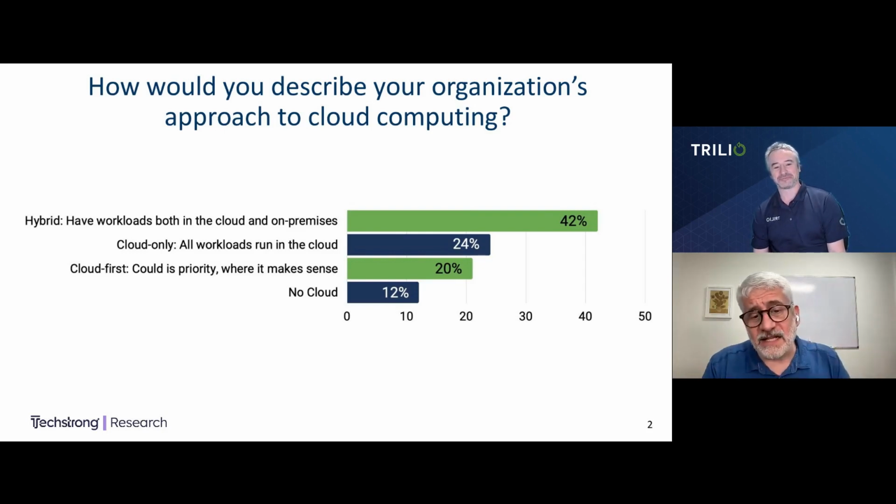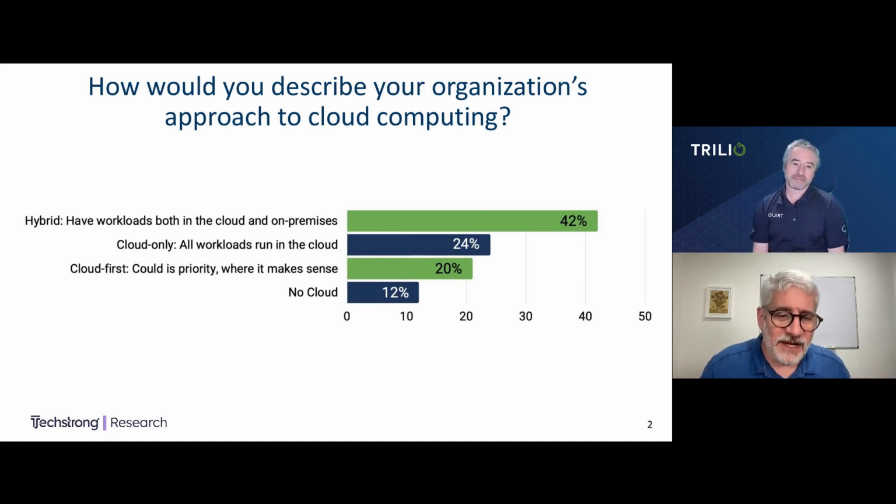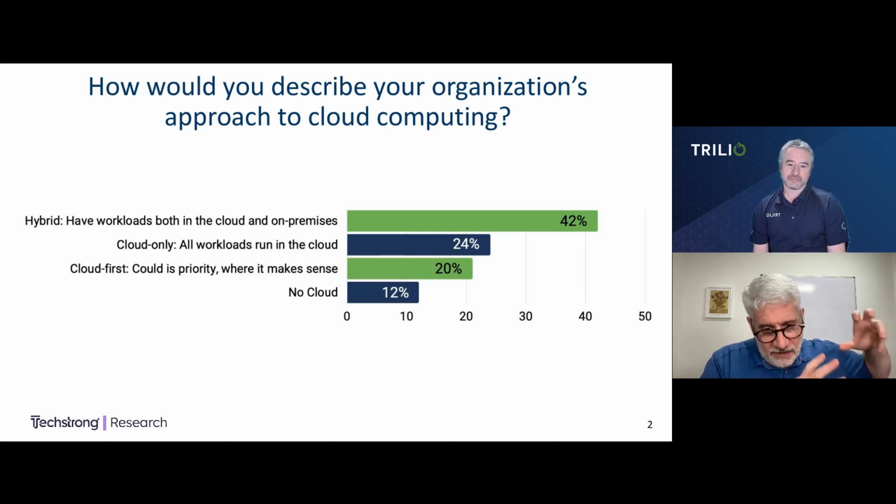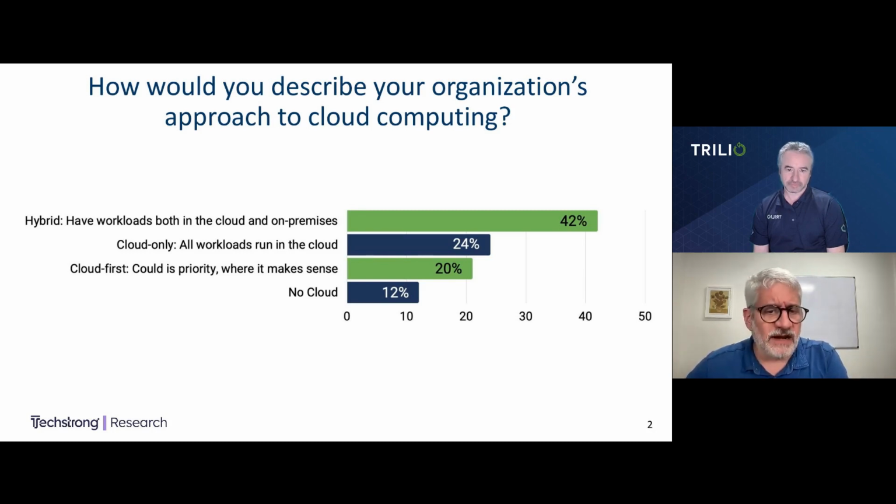But I take a look at this data, and then Kevin will get your perspective on it as well, and say that's pretty reflective of the conversations that I have with practitioners up and down the stack, from large companies to small companies. Most of the folks out there know they've got workloads and data that are going to be cloud hosted in a number of different cloud platforms, but they've got to deal with data that is on-prem.